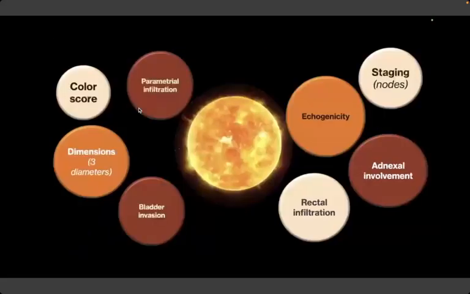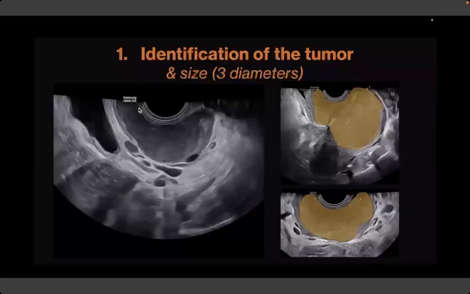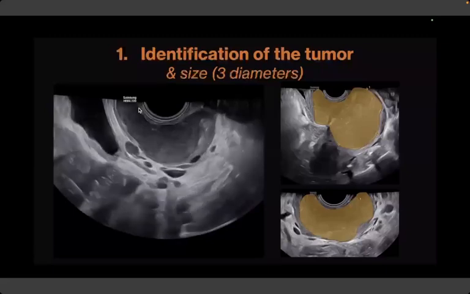We will therefore describe the tumor size, its qualitative features, and we evaluate the anterior, lateral, and posterior parametrial involvement. The first step is to recognize the presence of the tumor and measure it in the 3 orthogonal planes.